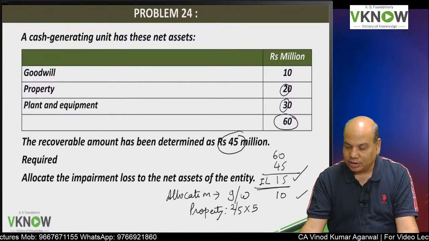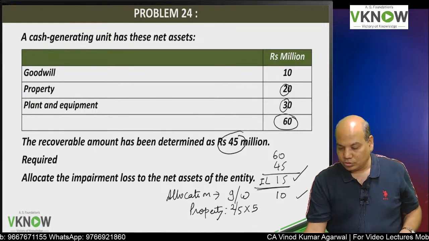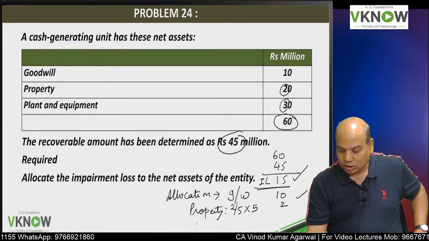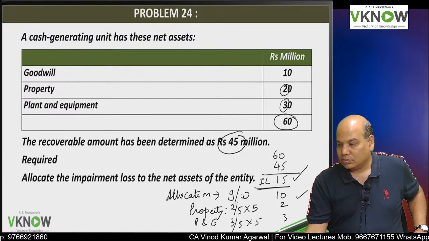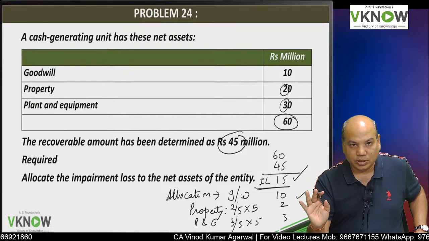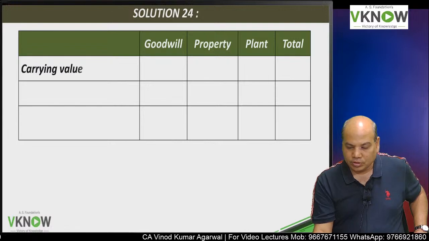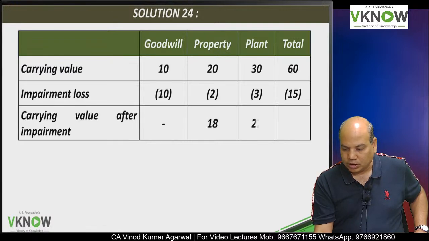Out of 15, 10 has been allocated to goodwill, so the property will be impaired by 2, and plant and equipment 3/5 into 5, that is 3. So the allocation will be 10 towards goodwill, 2 towards property and 3 towards plant.